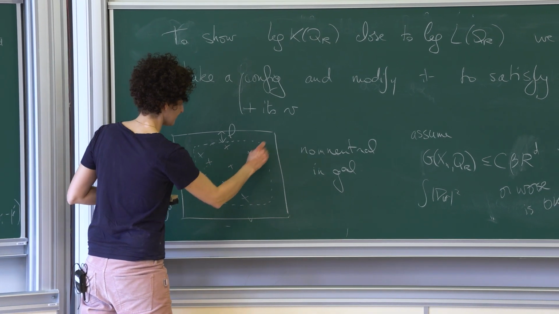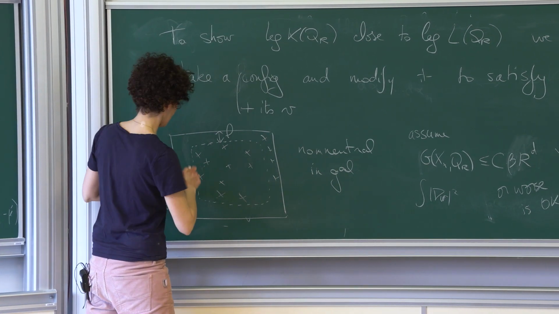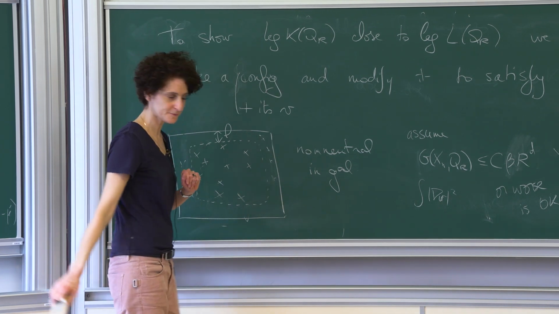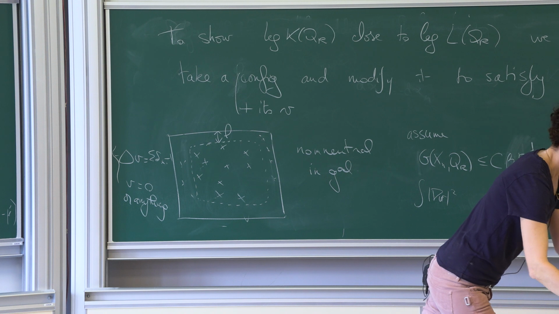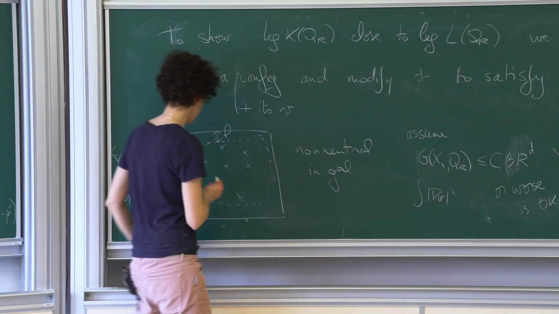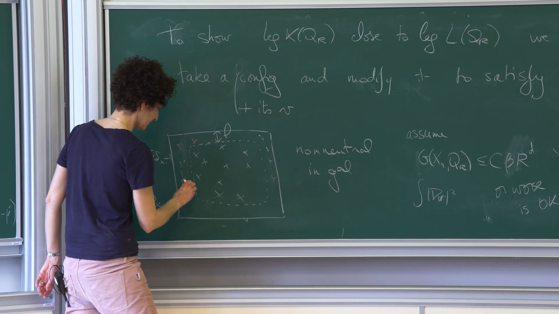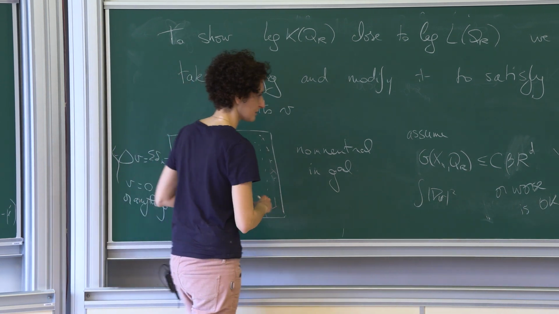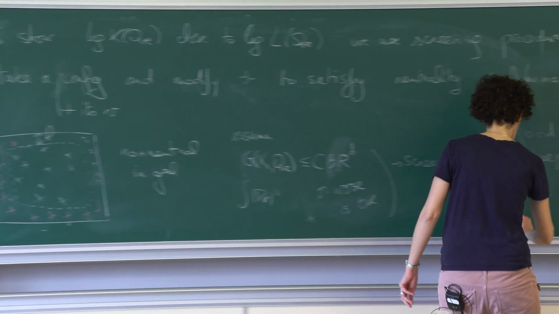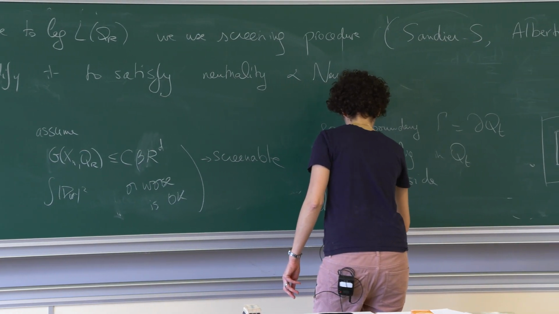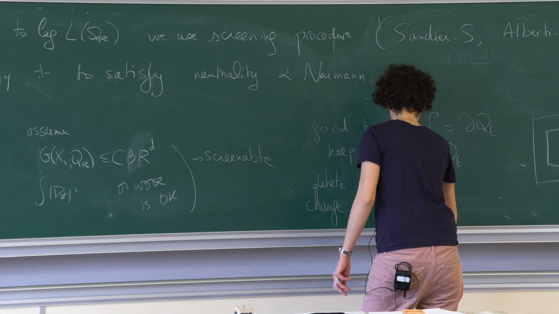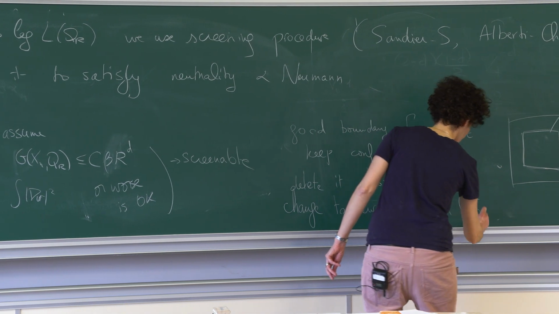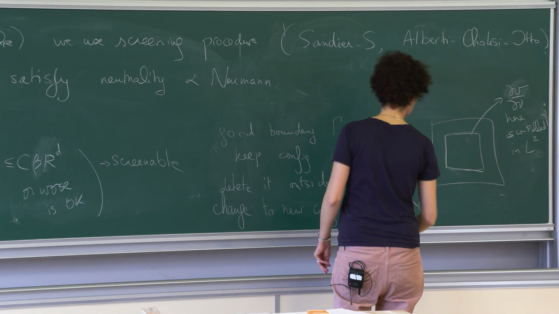Okay, so you have your configuration, you want to really throw it away, and then replace it by a new configuration, only in this boundary layer, in Q_R minus Q_t.